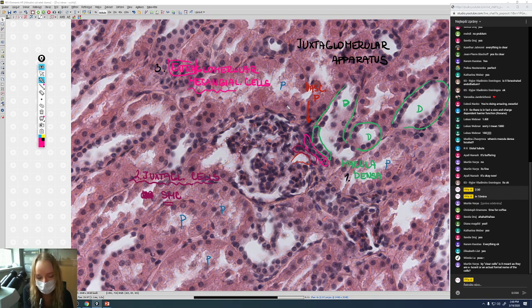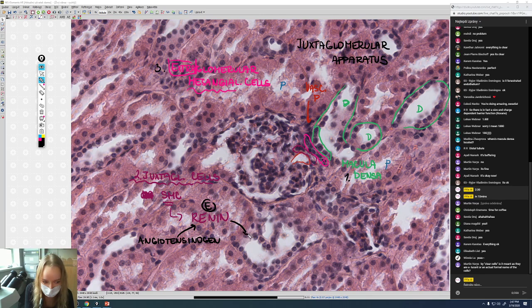Why do we have juxtaglomerular apparatus? The juxtaglomerular cells are producing an enzyme called renin. You're going to learn more about renin in physiology, but right now you should know renin is an enzyme which cleaves a protein called angiotensinogen. Angiotensinogen is a big protein, cleaved by renin, an enzyme produced by juxtaglomerular cells.